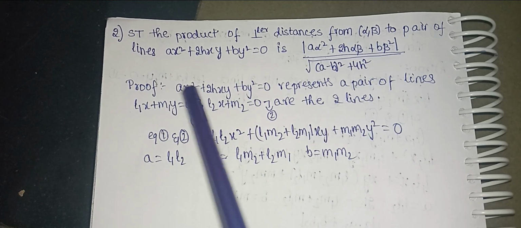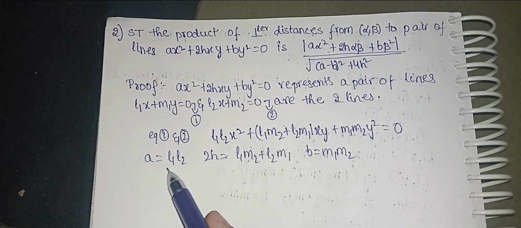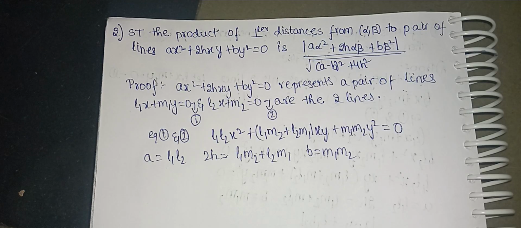Compare this with the pair of lines equation, and you'll get A is equal to L1 L2, B is equal to M1 M2, 2H is equal to L1 M2 plus L2 M1. Okay. Now, see, till here, it is similar to the previous theorem. Now, next.